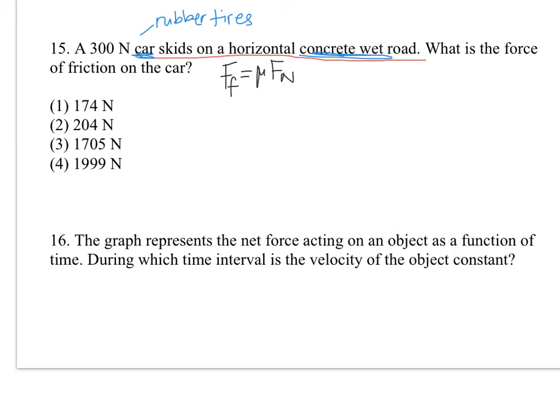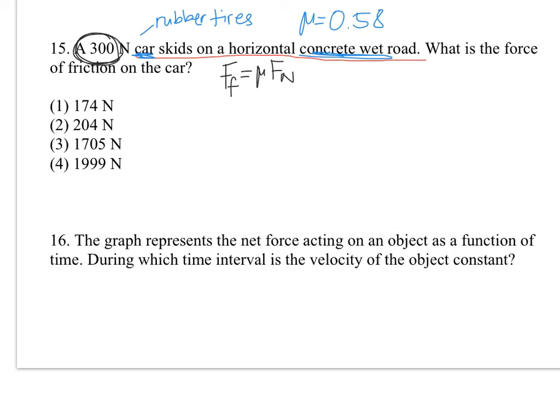So in your reference table, there are coefficients of friction for different materials on different surfaces, and there's one specifically for rubber on wet concrete, and that number is 0.58. And now we have a mu, but do we have a normal force? They do give us here the weight of the car, 300 newtons.